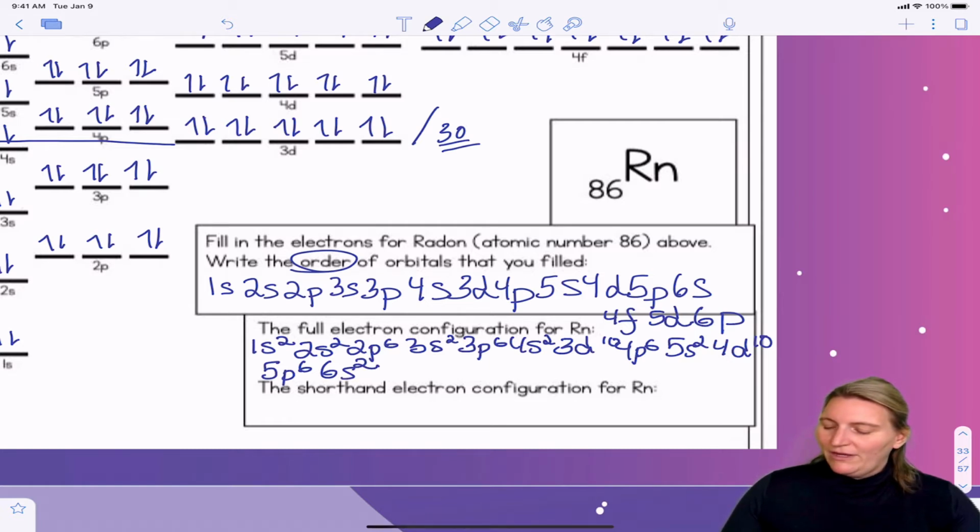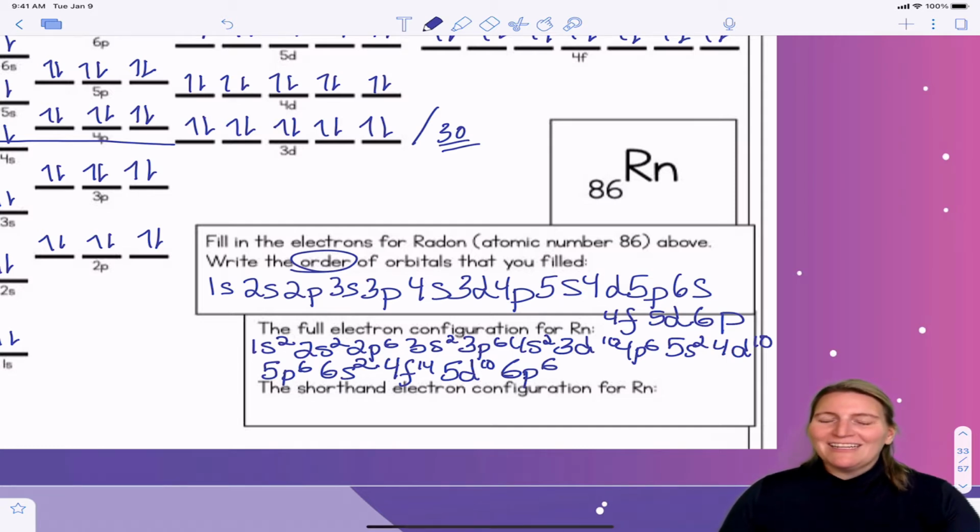And this is the one after 6s, 4f14, 5d10, 6p6.